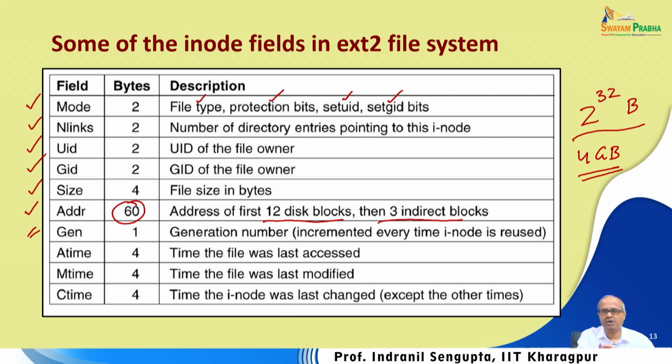Generation number, I am not going into detail of this because we have not discussed all these things. So, it keeps track of how many times an inode has been used, and some times. What is the last time the file was accessed, last time the file was modified and last time the inode was changed. So, all these things are present in the inode.